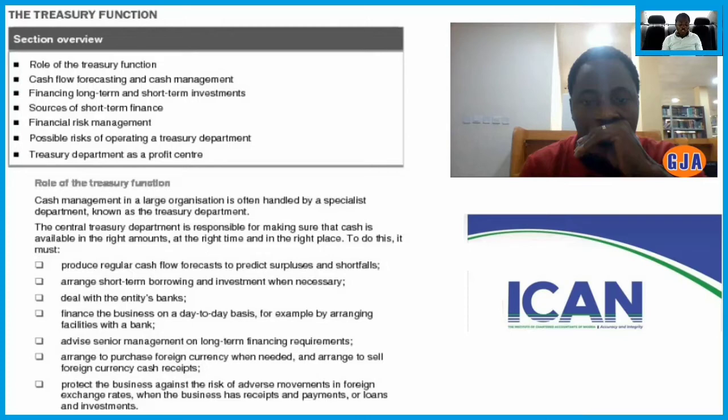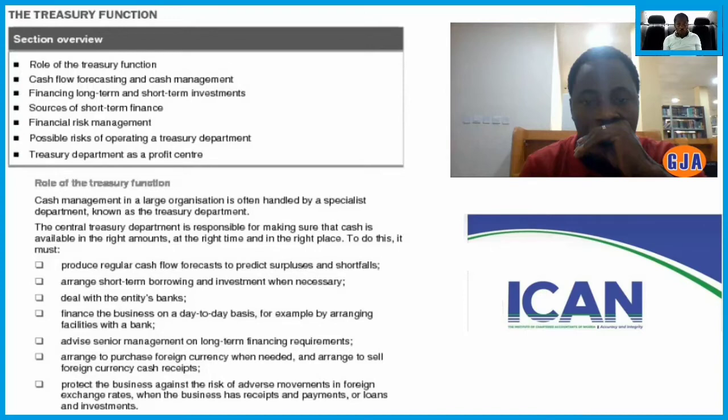Another role of a treasury function is that they arrange short-term borrowing and invest when necessary. They arrange for short-term borrowing. So who are we borrowing from? Are they private organizations? Are they private persons? Are they corporate organizations and the like?